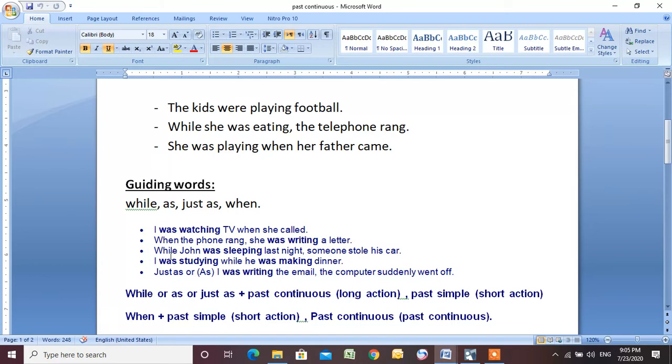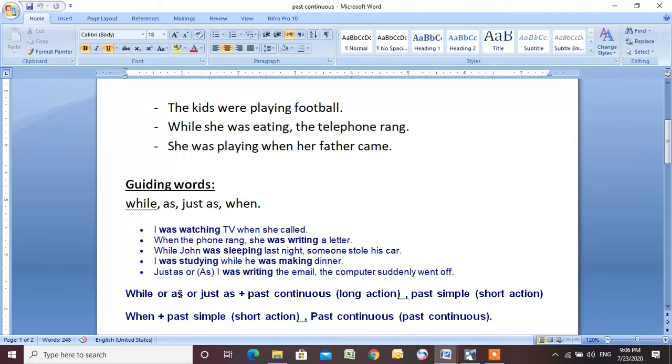Okay. While John was sleeping last night, someone stole his car. Remember, after while I put past continuous, and of course sleeping is a long action. So while John was sleeping, what happened? Someone stole his car. In the other sentence I put past simple tense.